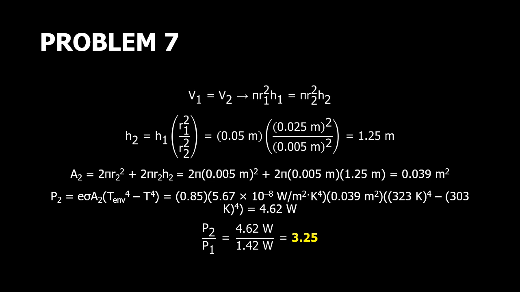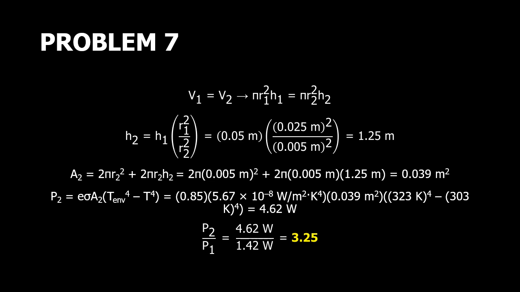If you derive it, you cancel the pi, and h2 is equal to h1 R1 squared over R2 squared. If you plug in the values, you will obtain 1.25 meters. That is the height of the second cylinder, which is different from the first height, which is only 0.05 meters.